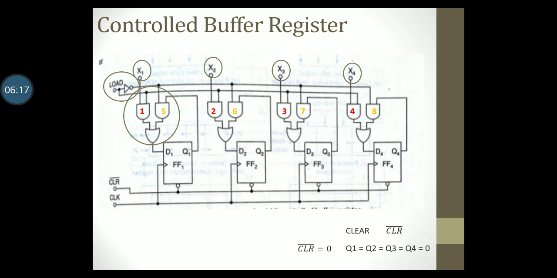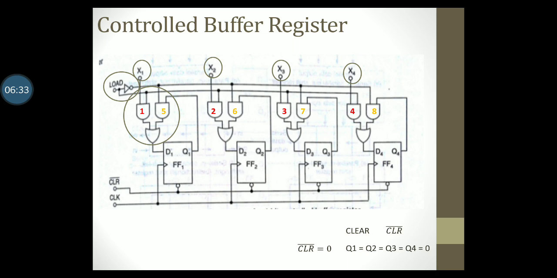From logic of AND gate, you know that an AND gate will give an output of 0 when any one of its inputs is 0. Therefore, gates 5, 6, 7 and 8 will be inactive.